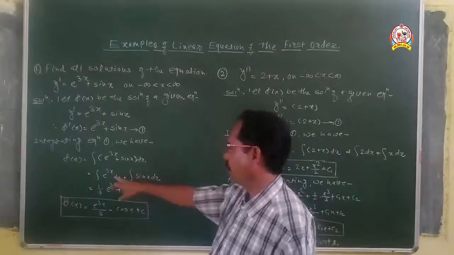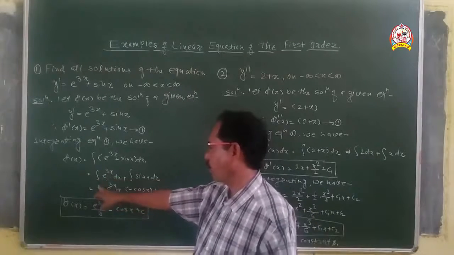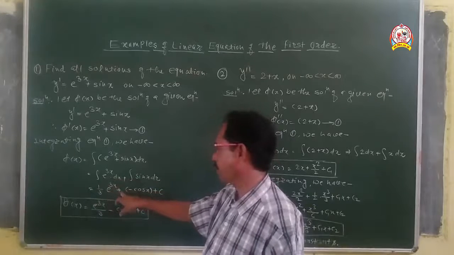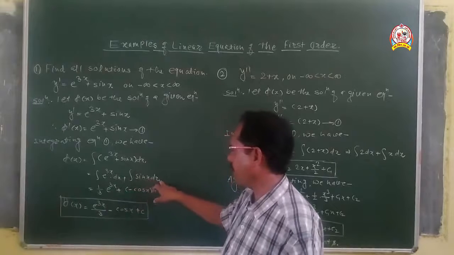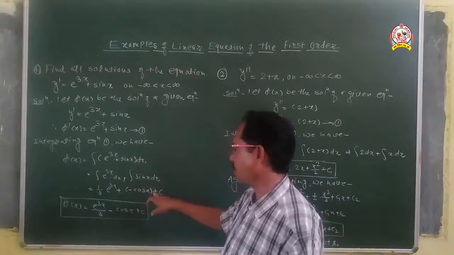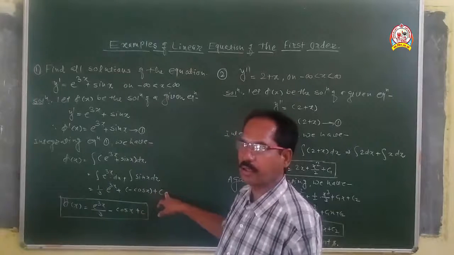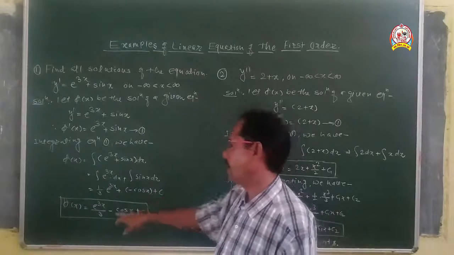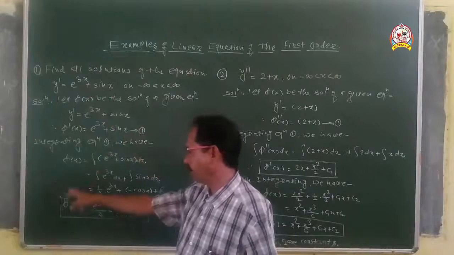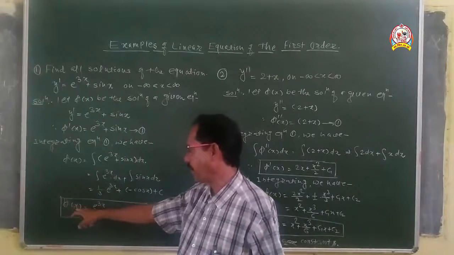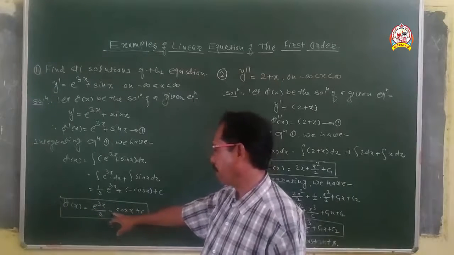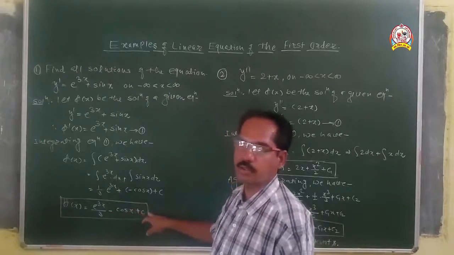Integration of e^(3x) is 1/3 e^(3x), plus integration of sin x dx is minus cos x, plus c, the integration constant. Therefore, the solution of the given differential equation is phi(x) = e^(3x)/3 - cos x + c.